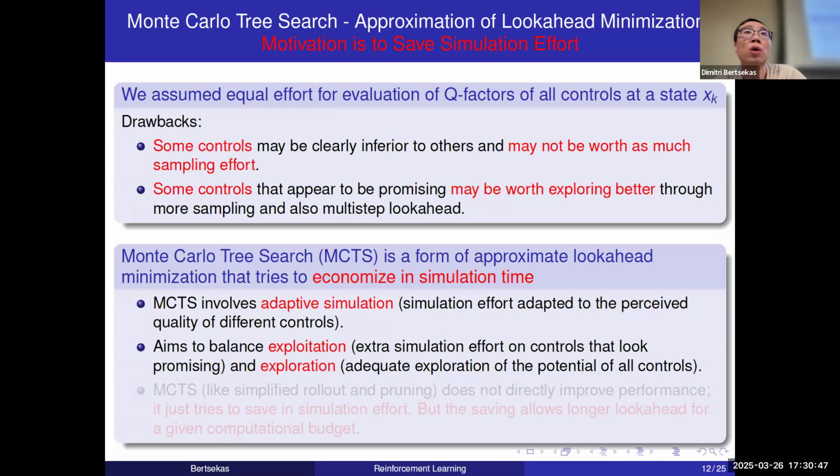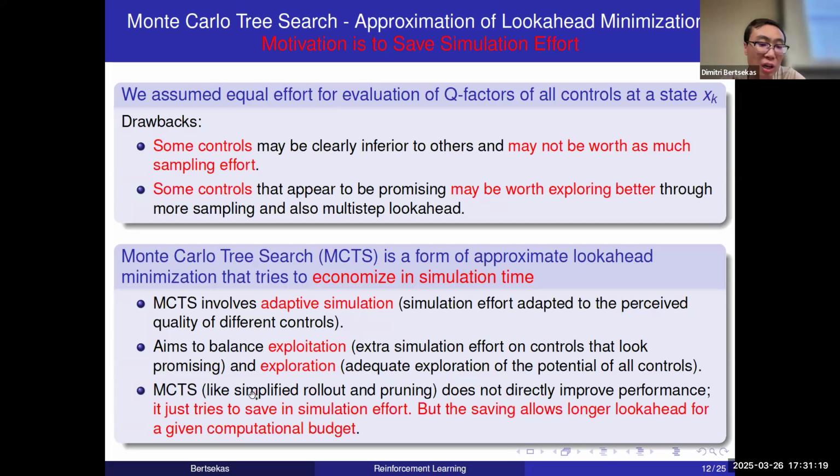Therefore, given the limited budget of how many times you can query the language model, or how many times you can run the base policy and so on, you want to make sure that the sampling effort is divided such that adequate attention is given to all the controls, and at the same time try to give a fair evaluation of the promising controls.